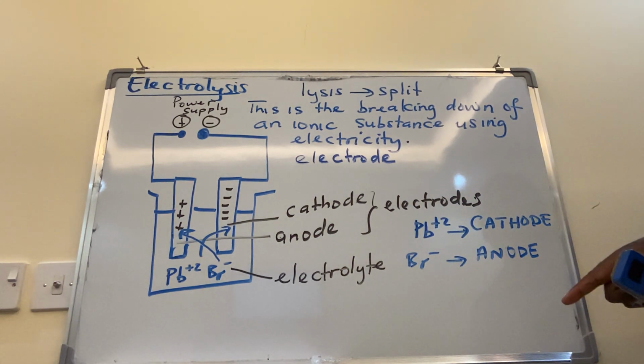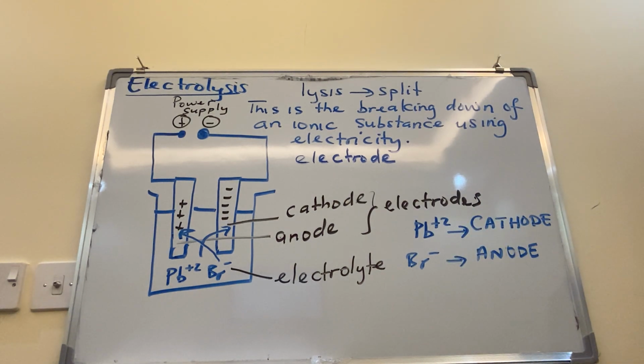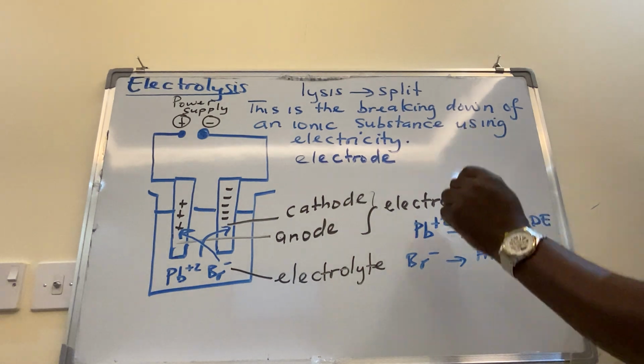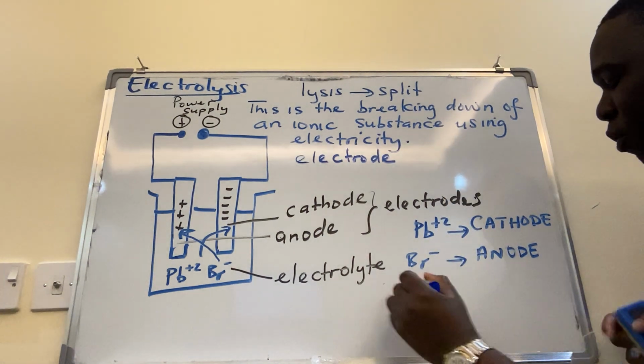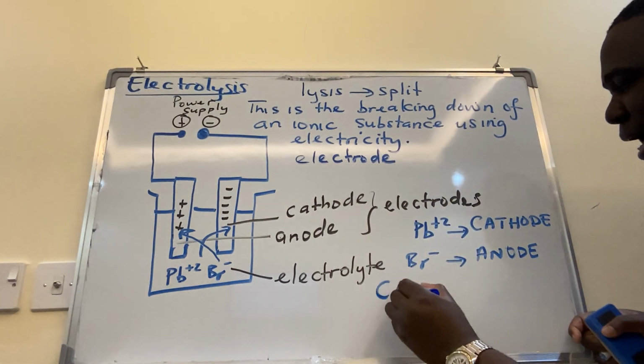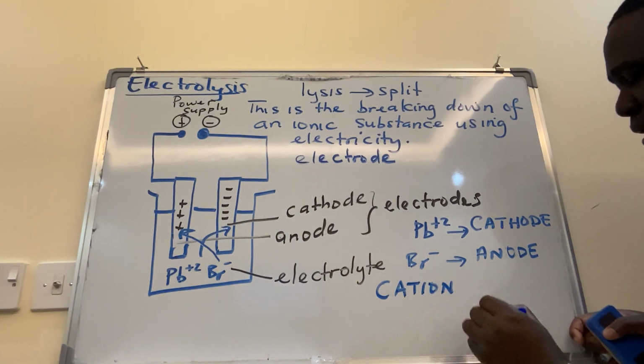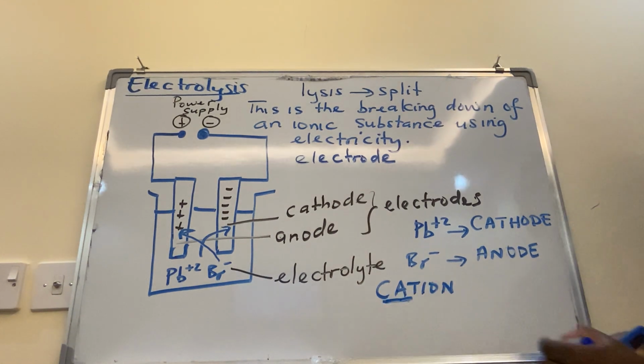Now, remember, all positively charged ions are called cations, because they go to the cathode. I'm just splitting the word so that you'll be in a position to remember it.